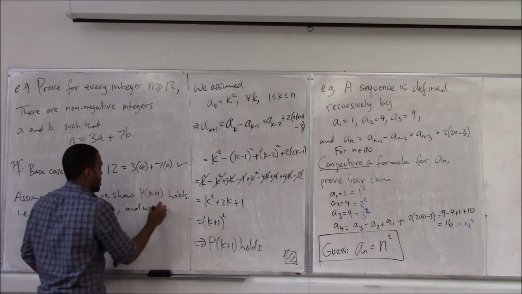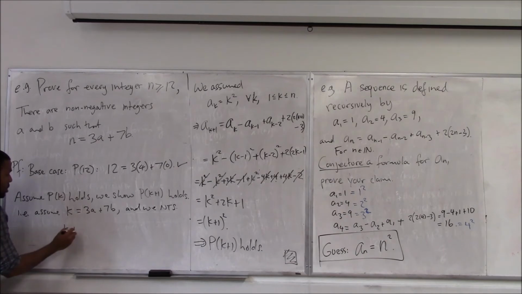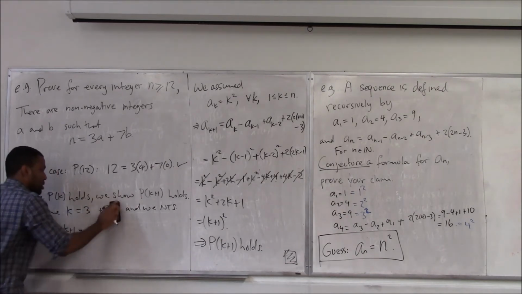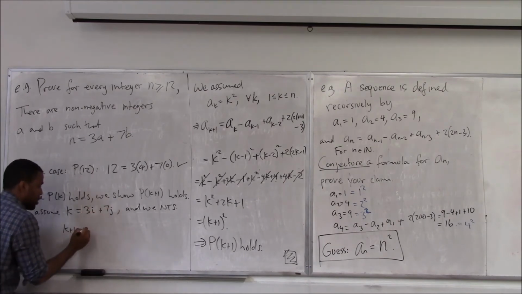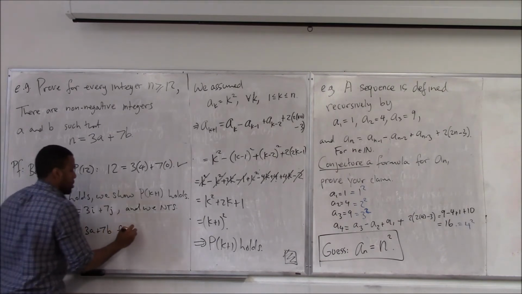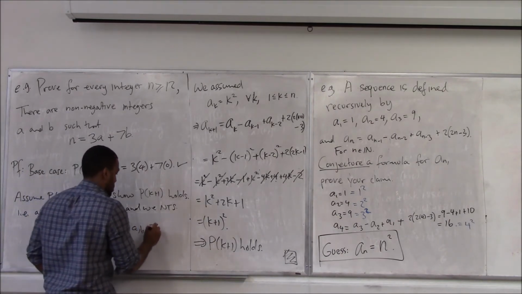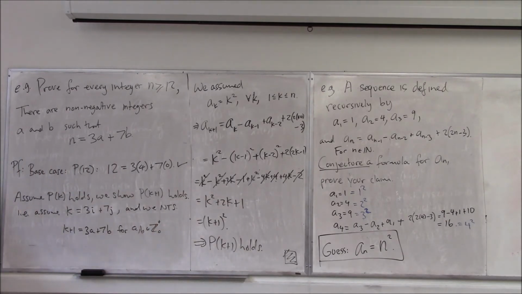And we need to show that k plus 1 can be written as 3 times a plus 7 times b, or some other a and b. Okay. How would you go about that?